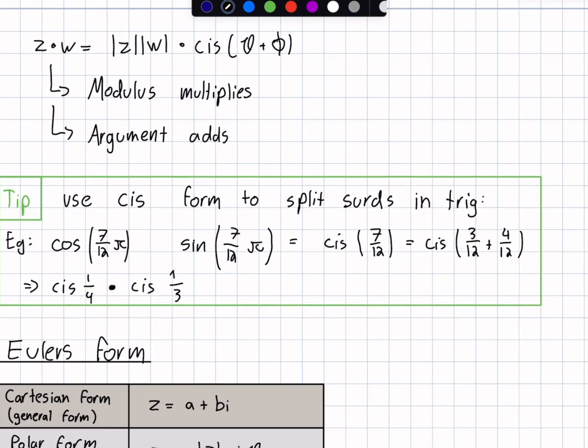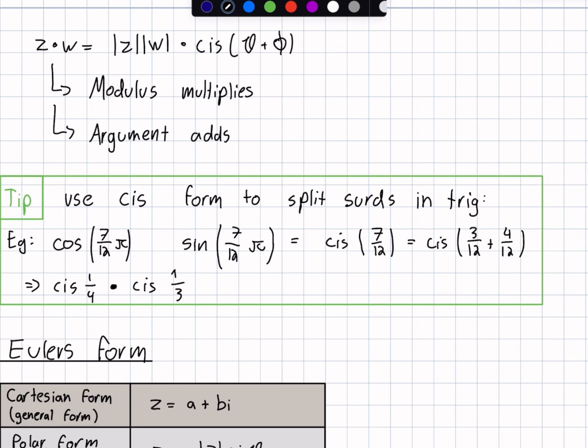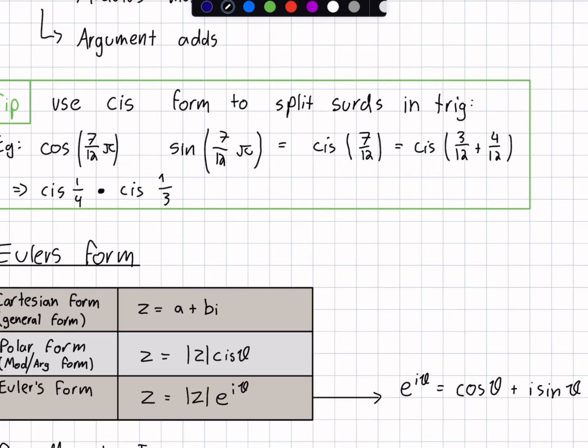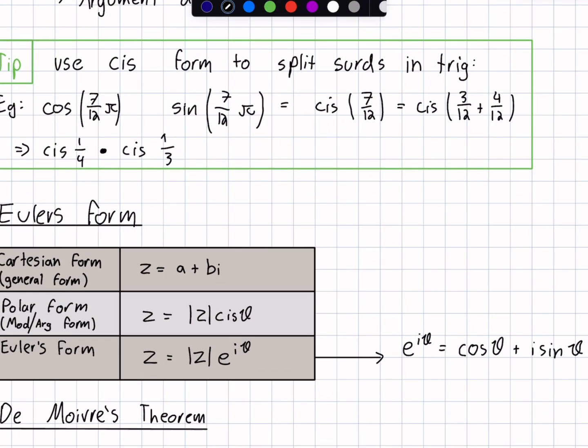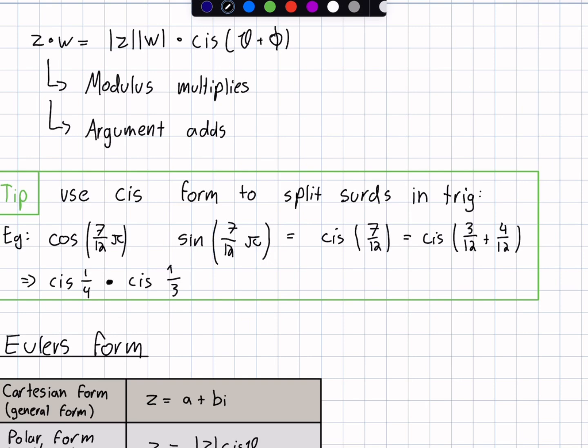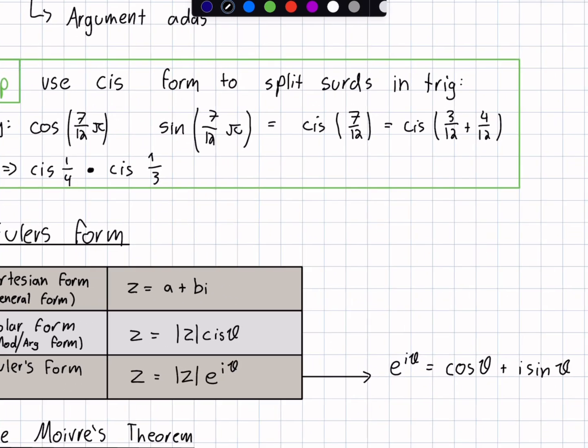Next, we move on to the third and final form of complex numbers, and also the most useless form, the Euler's form, which is denoted as modulus of z times e to the power of i theta.